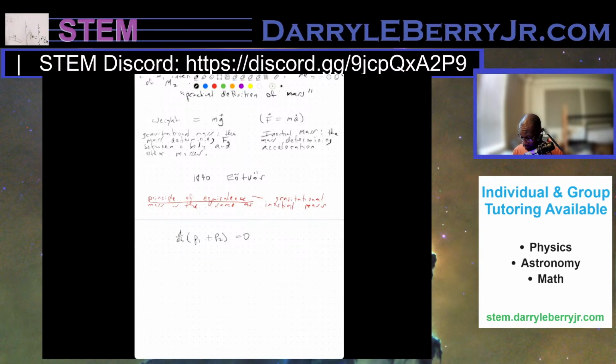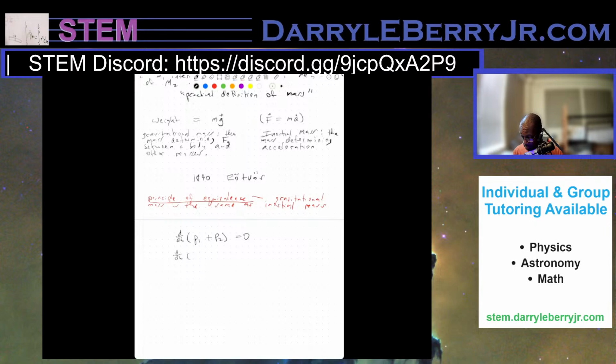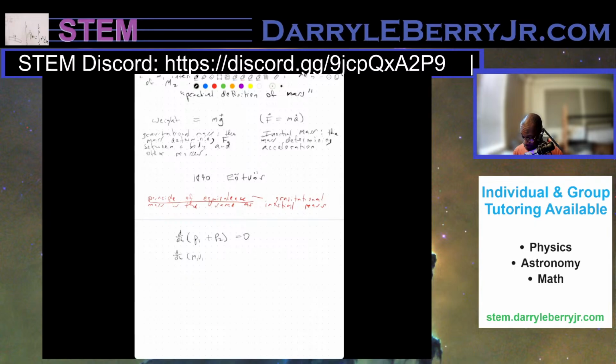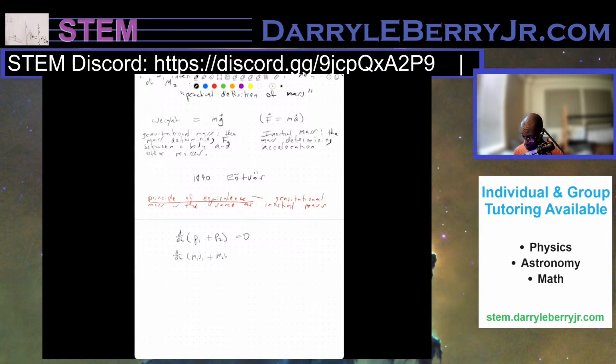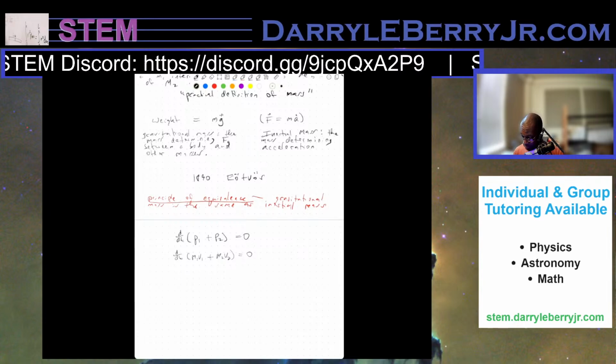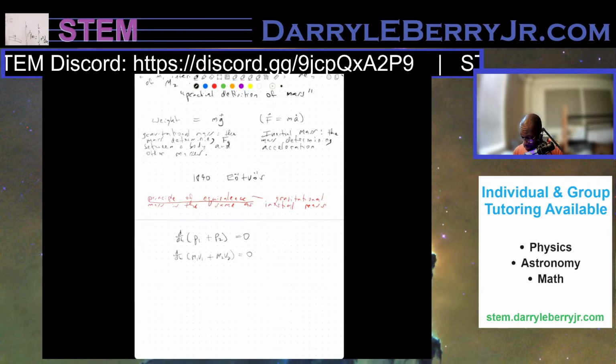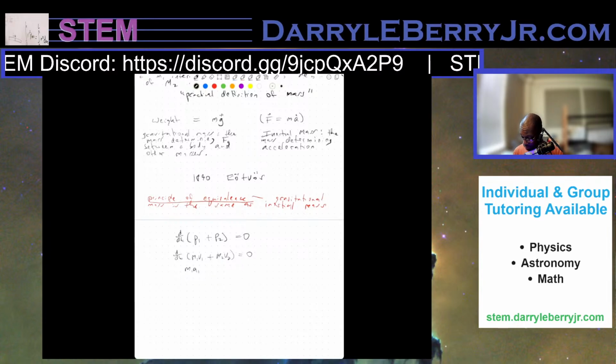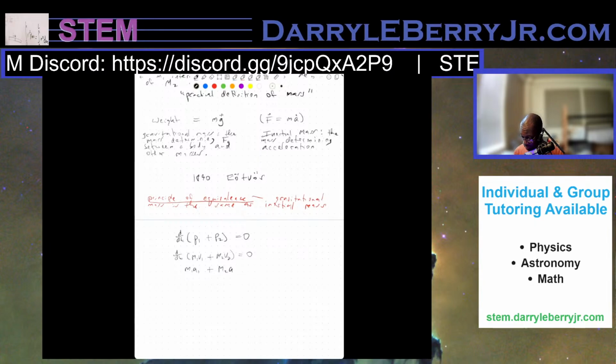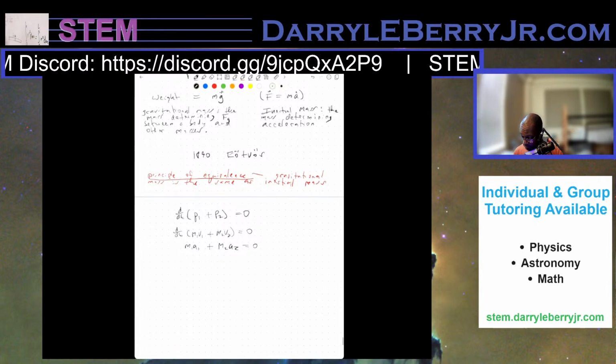So this is to say d over dt of m1v1 plus m2v2 equals 0. So m1a1 plus m2a2 equals 0.